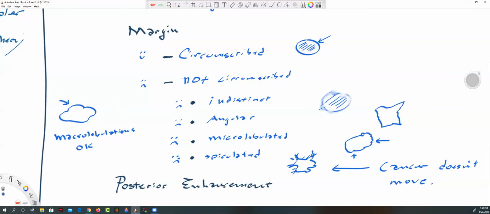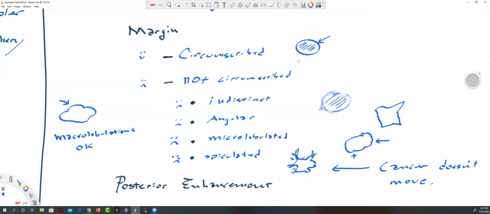These spiculations are really what's causing that. They're reaching out, grabbing all the tissue and locking it in place. So circumscribed, pretty, whether solid or not.